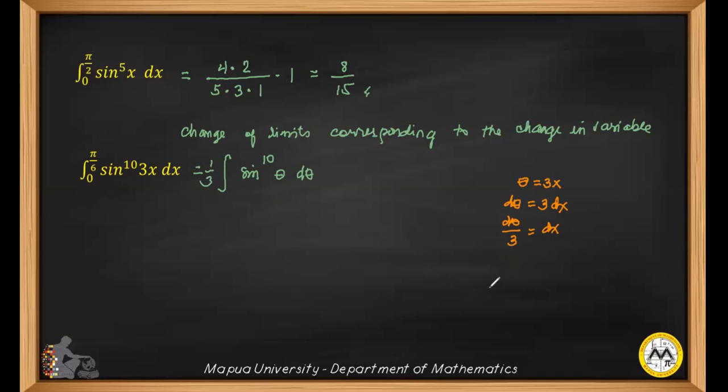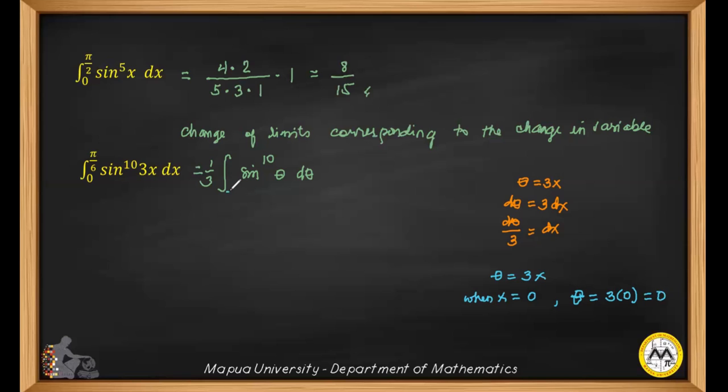Now, corresponding to the change in variable is the change of limits. If theta is equal to 3x, when x is equal to the lower limit 0, then the new lower limit is 3 times 0, which is equal to 0.